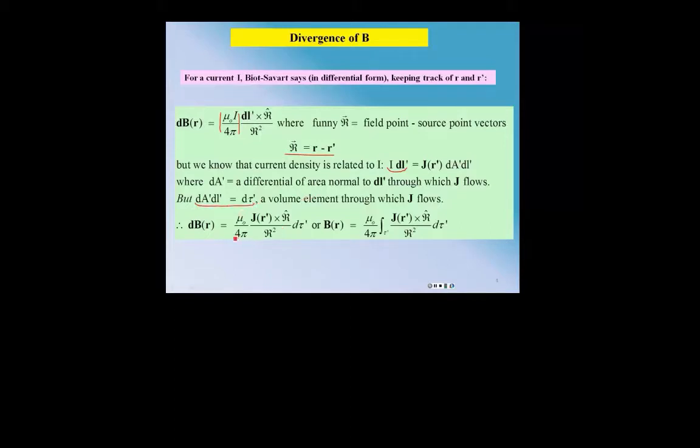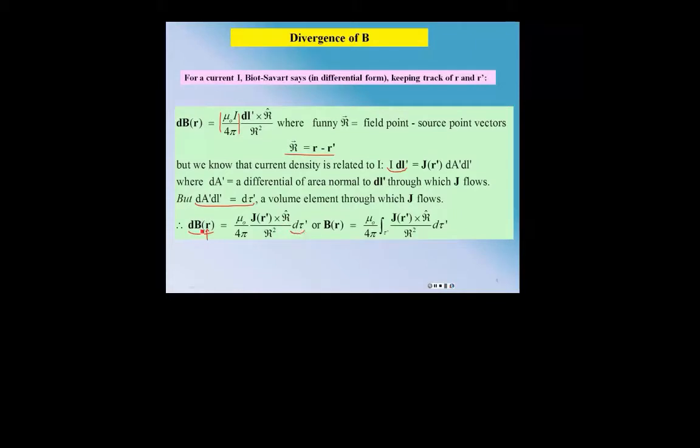And so we just replace that and get our differential of B. Remember, that's evaluated at the field point, and is equal to mu 0 over 4 pi, and then we put in our current density crossed into R hat over R squared, and then that's times d tau prime.